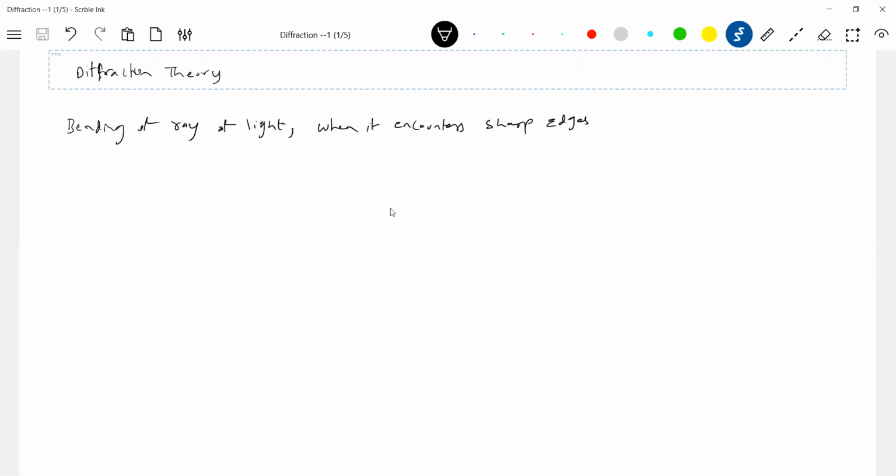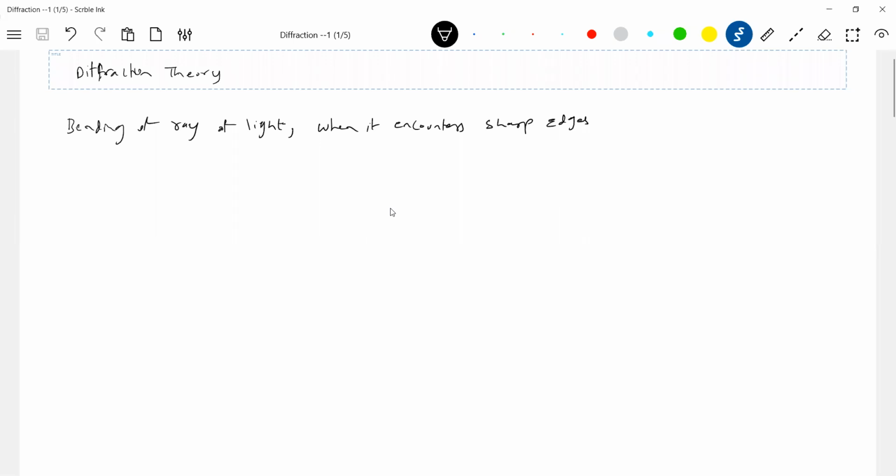Is this shadow well defined? Well defined means you see complete dark regions. We never see that. You can keep your arm against the tube light and look at the shadow; you don't see it well defined.